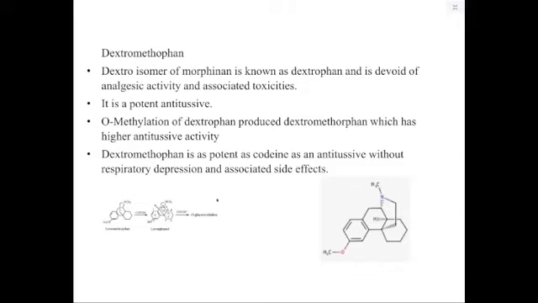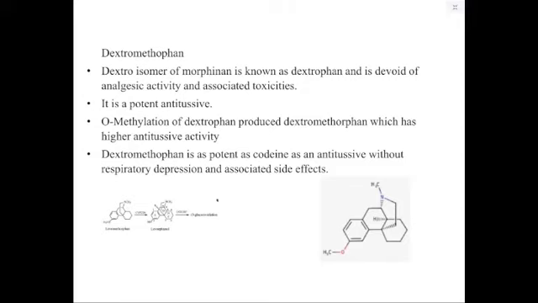Now, we did talk about codeine. Remember, codeine is where you have a methoxy group at position number 3. That methoxy group reduces activity. What was also found with the morphinans is that you can change the stereochemistry.